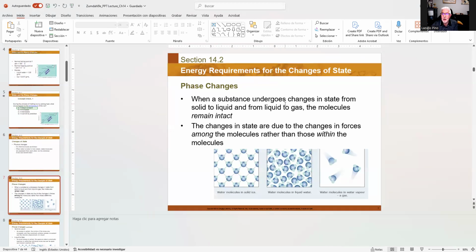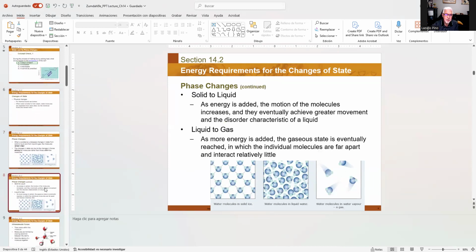When a substance undergoes changes in the state from solid to liquid and from liquid to gas, the molecules remain constant. Then all these changes are physical because the water molecule remains the same in the three states. It's the same kind of substance.